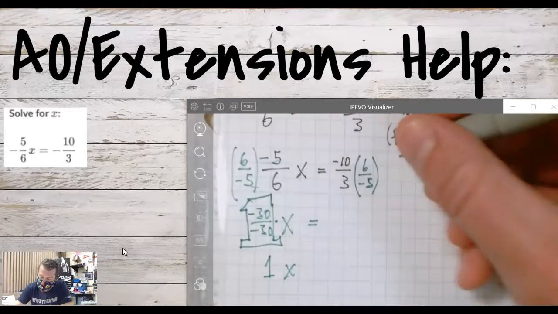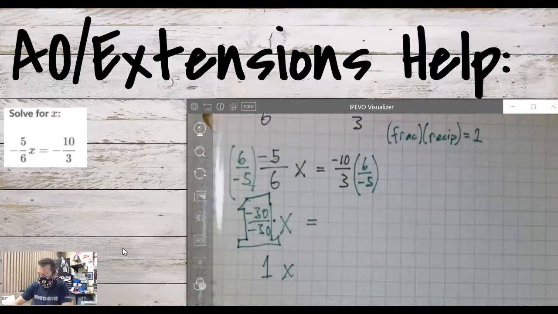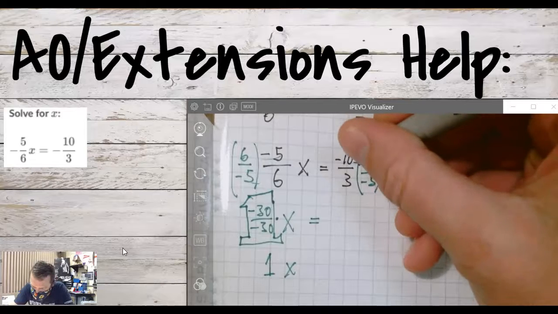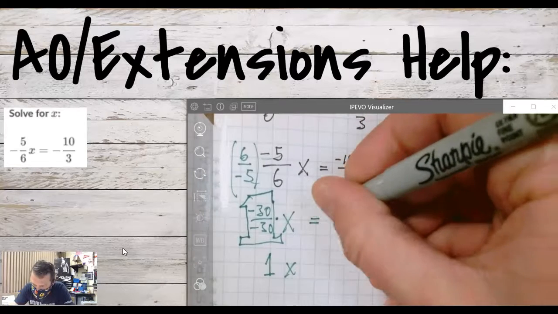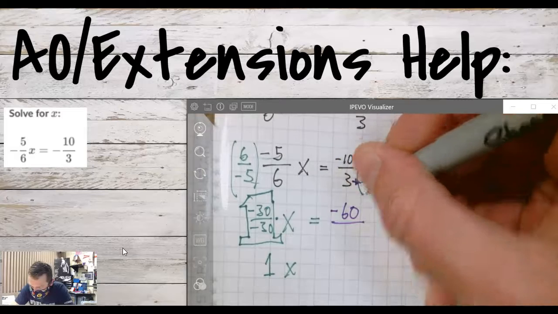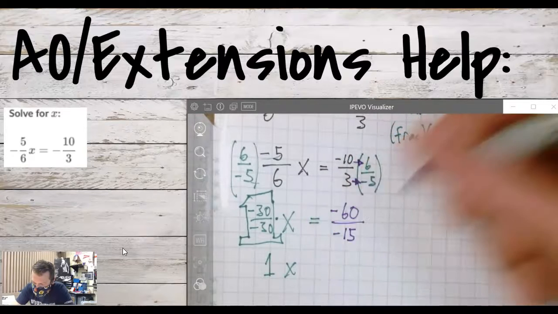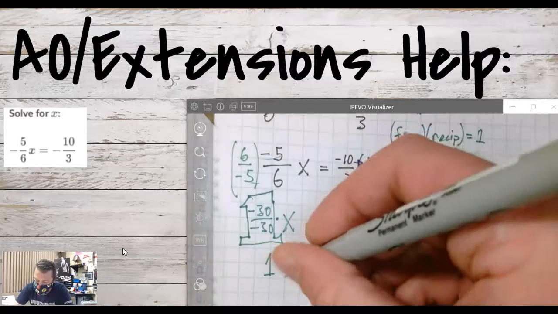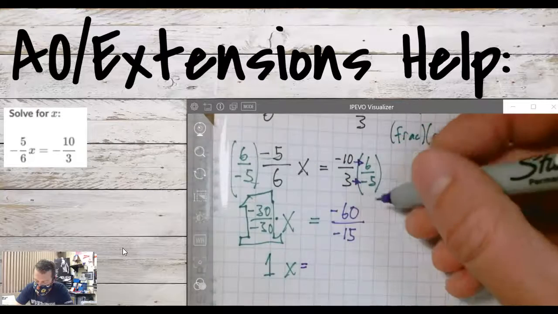Now we need to do the right-hand side. Negative 10 times 6, negative 60. 3 times negative 5, negative 15.